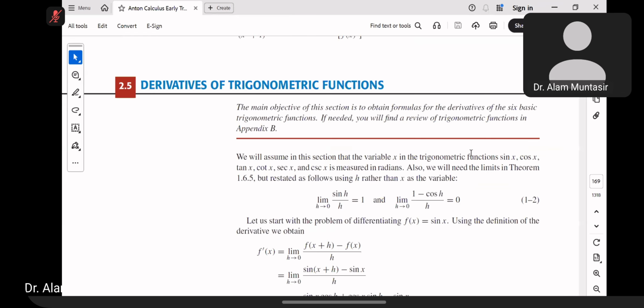The next chapter is derivatives of trigonometric functions. This is another fundamental chapter.